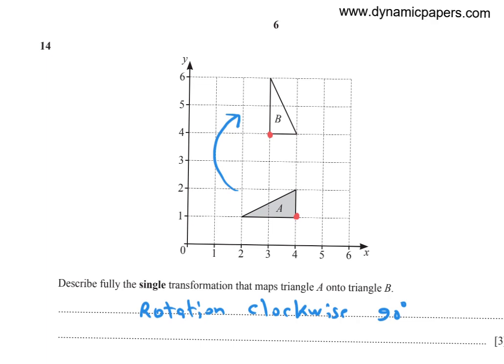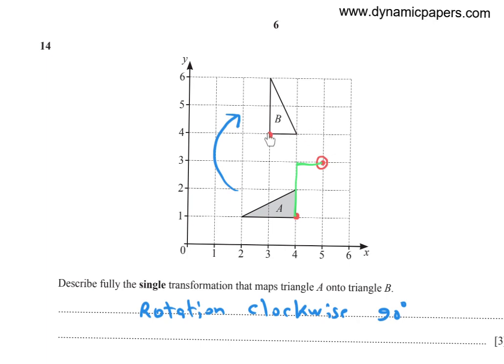What if we take this point? How do we move from this point, if we consider it the center of rotation, to that one? 1 to the left and 2 down. If you rotate 90, 1 to the left will be 1 up, and then 2 to the left.